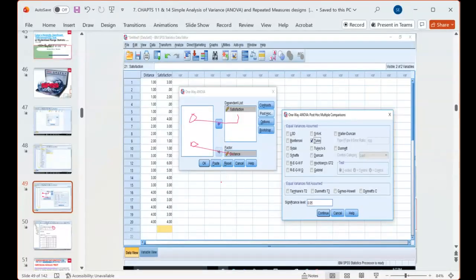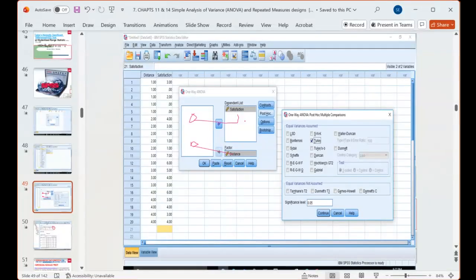And then it says factor. Factor means IV, and then dependent is DV. That's what they are. So your dependent variable is satisfaction, which you're measuring, on a scale of 1 to 7.